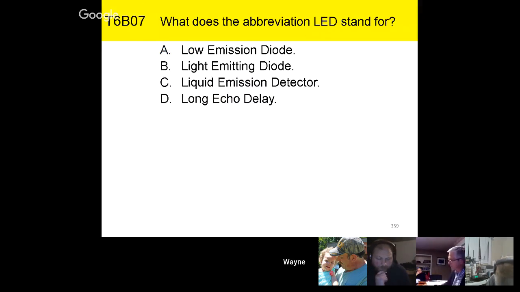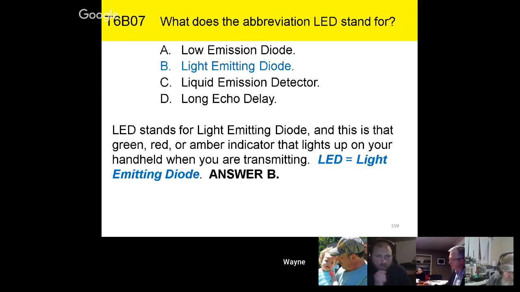What does the abbreviation LED stand for? Well, we've talked about this before. If you answered B, light emitting diode, that's exactly what it is. They come in various colors. They can be green, red, amber, or even clear. You have a lot of modern lighting nowadays.